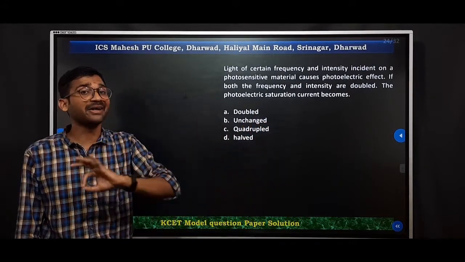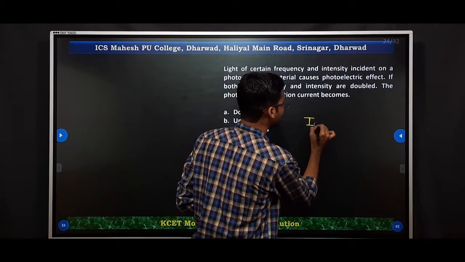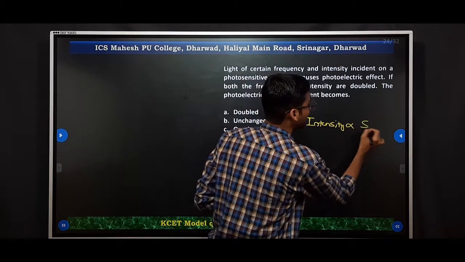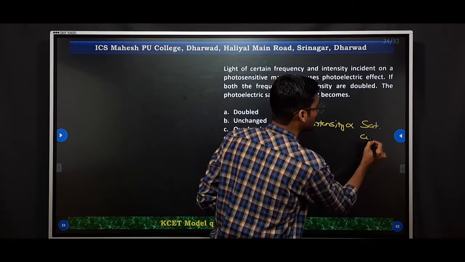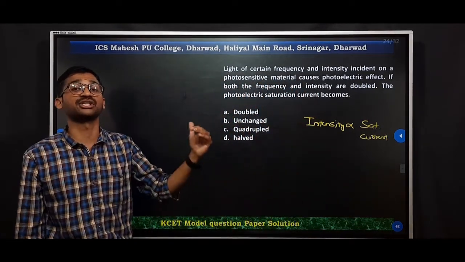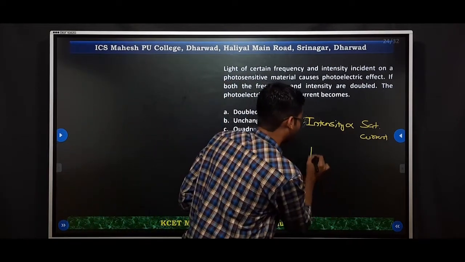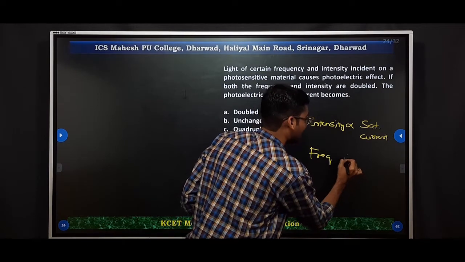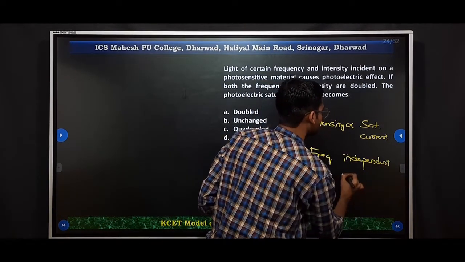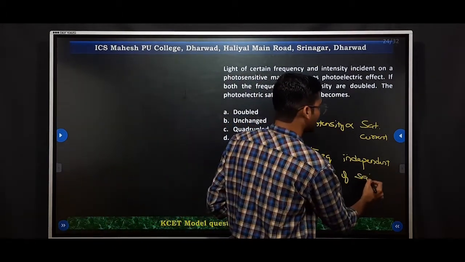Okay, one idea I already told you: as the intensity increases, remember the saturation current also increases. But frequency is independent of saturation current.